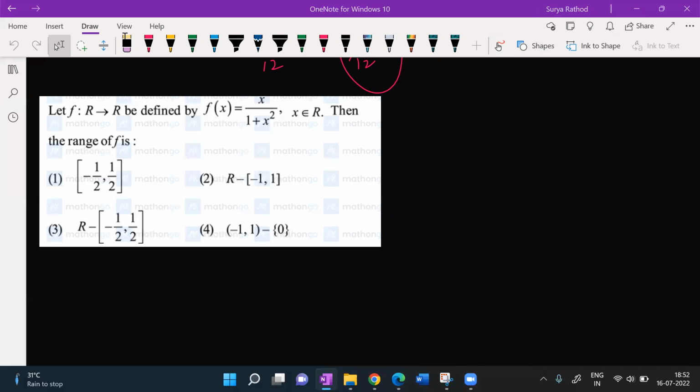Quick. Sir, quick, what is the answer? Range of the function is what?